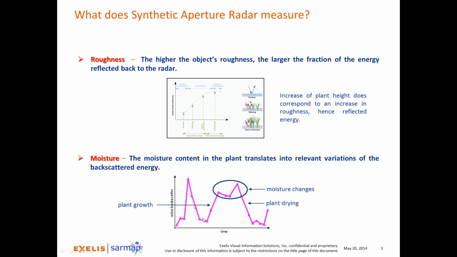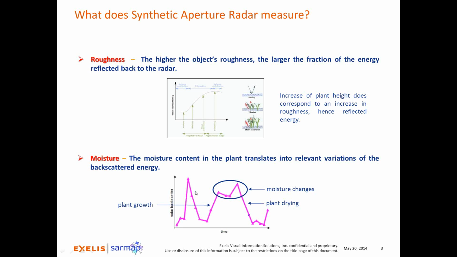But in this case, we see a growth, but also a change of the backscatter. And in particular here is an increase due to more water in the plants, and of course when the plants are ripe and they start to dry, the water content is decreasing and also our backscatter is decreasing. So we can link the backscatter to the amount of water that is contained in the plants.